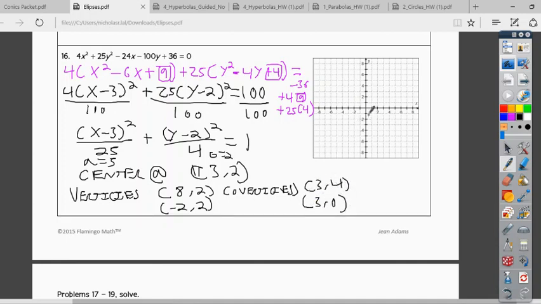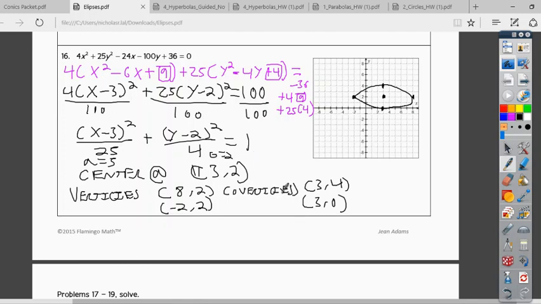Applying these, we have a center at (3, 2), (8, 2), (-2, 2), (3, 4), (3, 0). Alright.